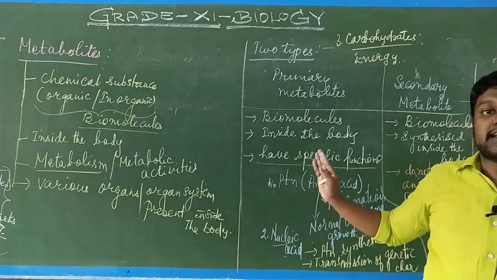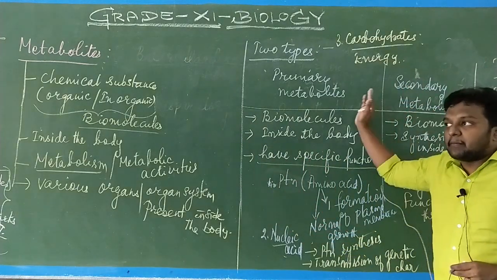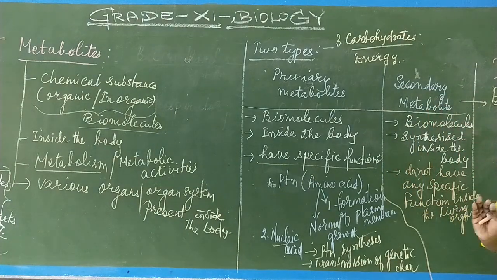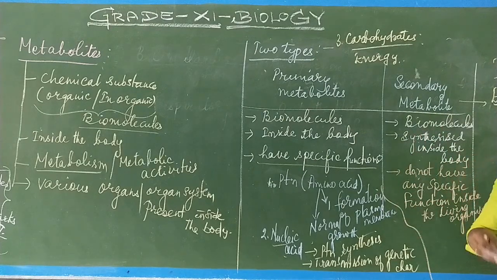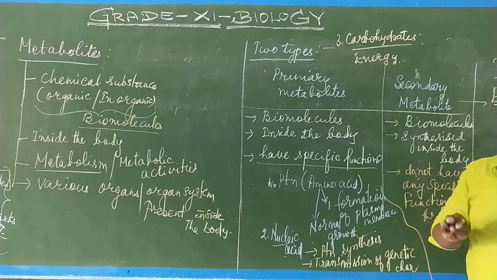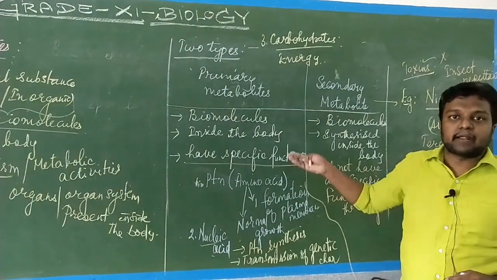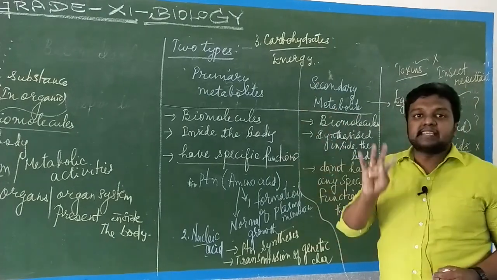Such metabolites are broadly classified into primary metabolites and secondary metabolites. Primary metabolites and secondary metabolites are both biomolecules produced inside the living organism. Primary metabolites have a specific function for that living organism, the same organism where they are produced. To which organism are the primary metabolites produced? To the same organism; the primary metabolites have a significant role.